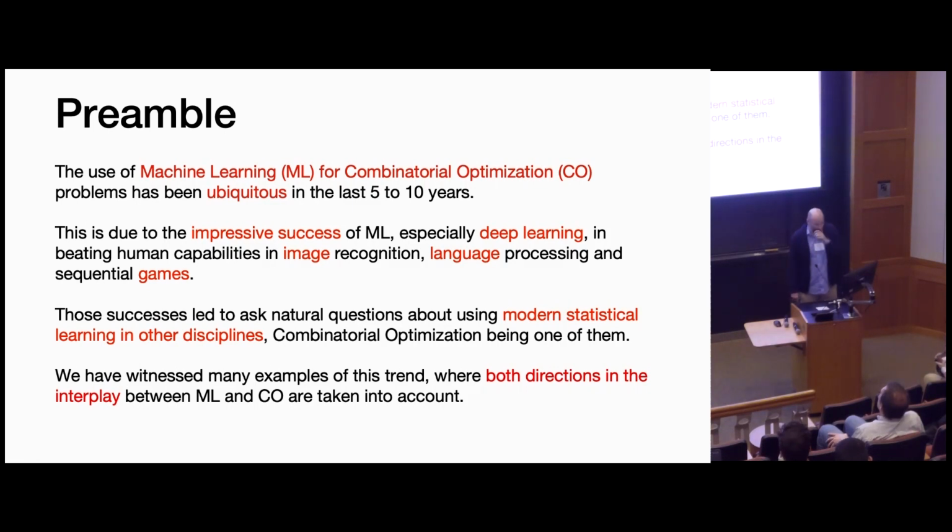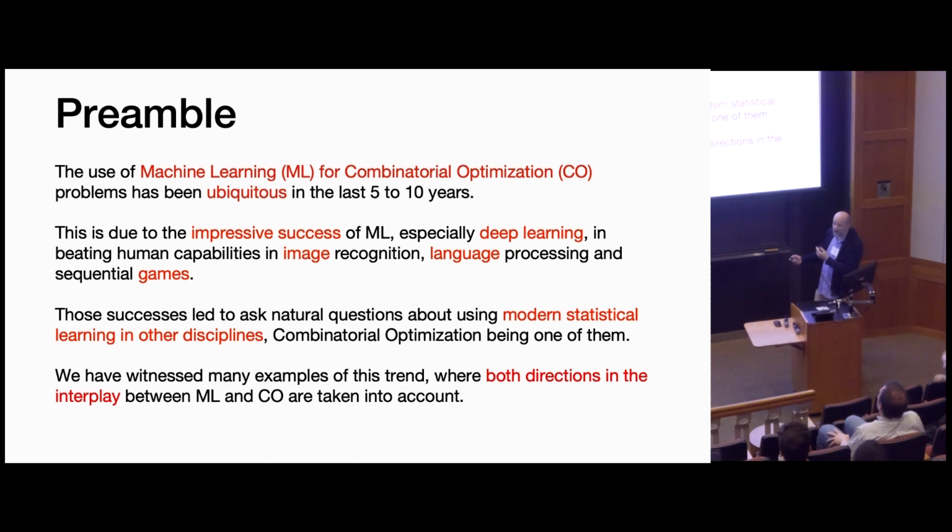In particular, I'm a discrete optimizer, so I've been doing combinatorial optimization, and in particular integer programming, for a long while. My standpoint is to see how to integrate machine learning into combinatorial optimization.